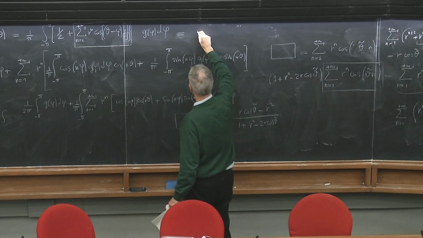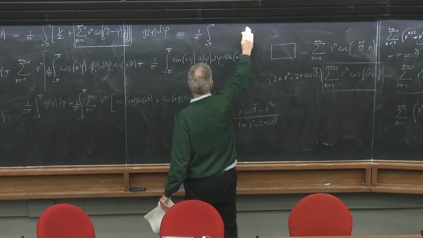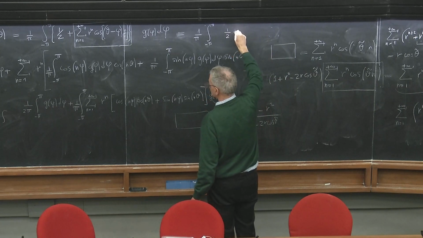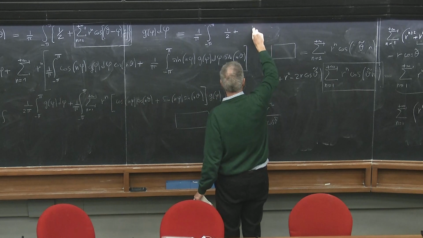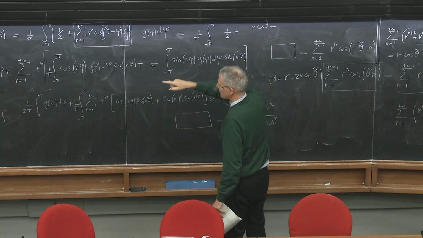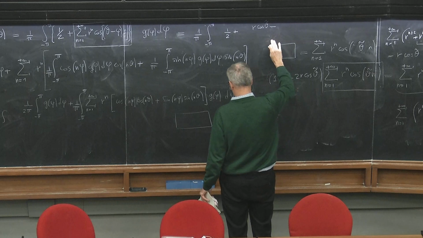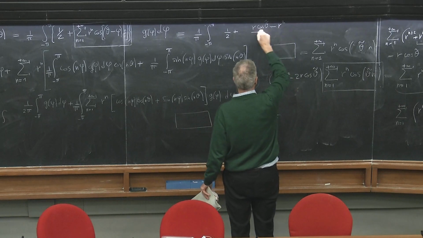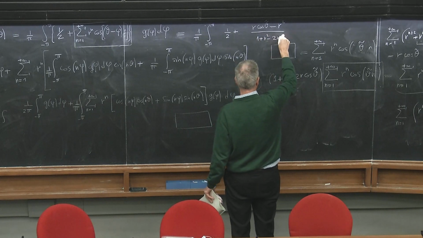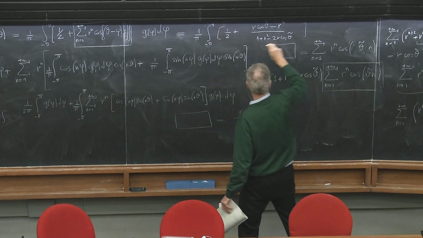This is 1 over pi, integral from minus pi to pi, of 1/2 plus r cosine of theta tilde, where theta tilde, remember, is theta minus phi, minus r squared divided by 1 plus r squared minus 2r cosine of theta tilde, and this is integrated in d phi.